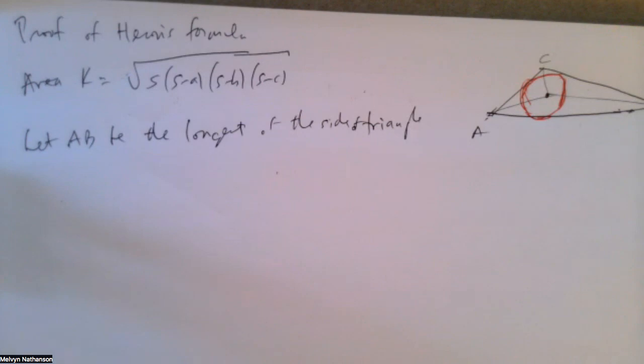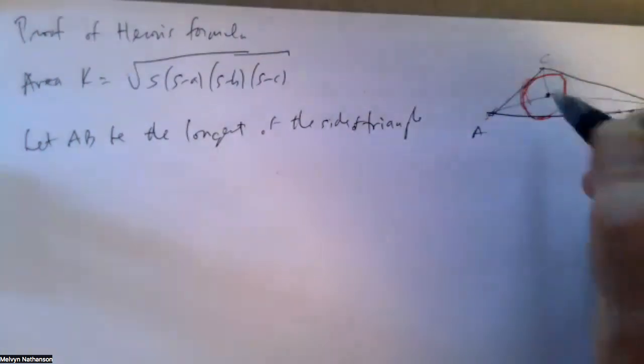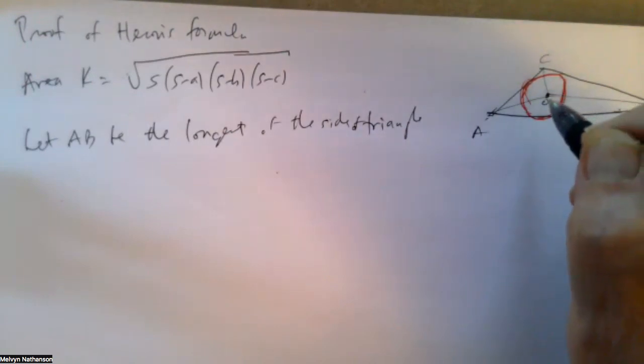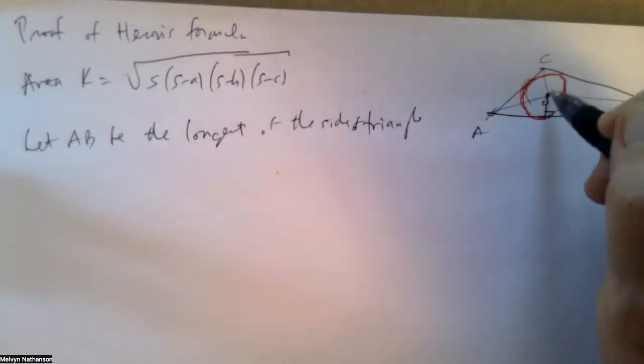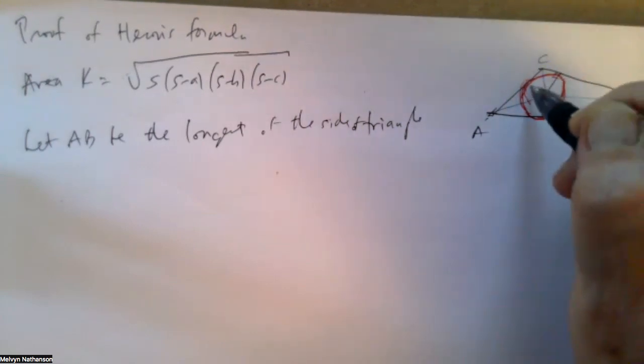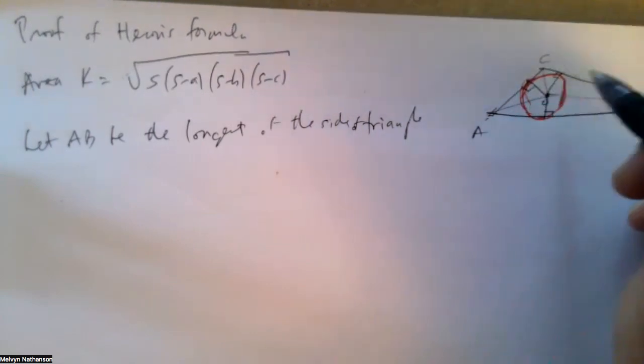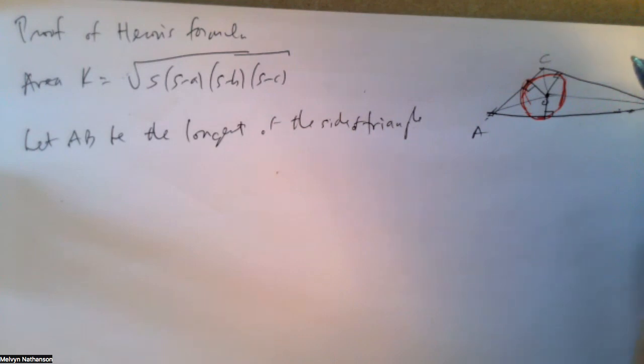So this is called the center of the inscribed circle, O, and draw the perpendiculars to the three sides of the triangle and call these points D, E, and F.